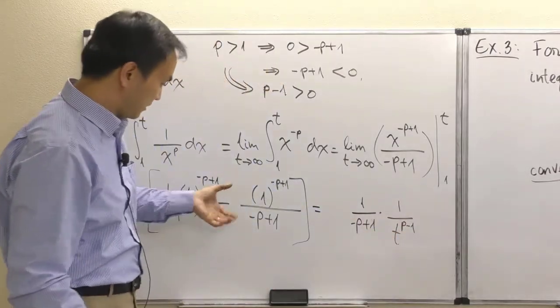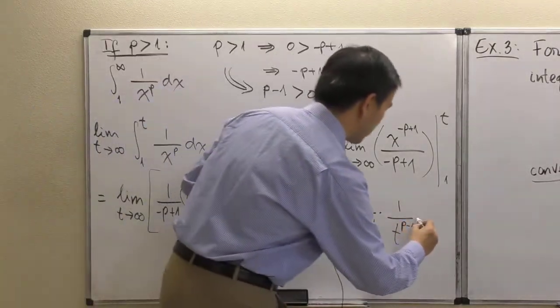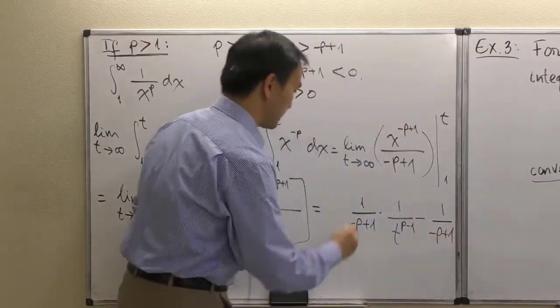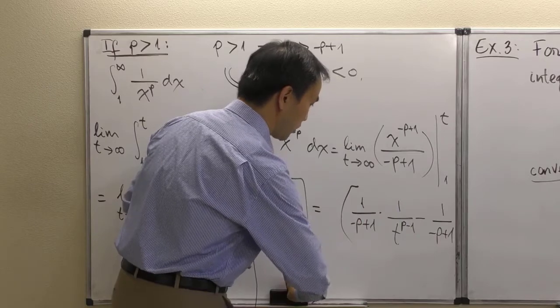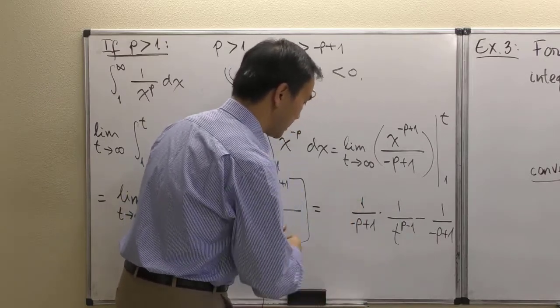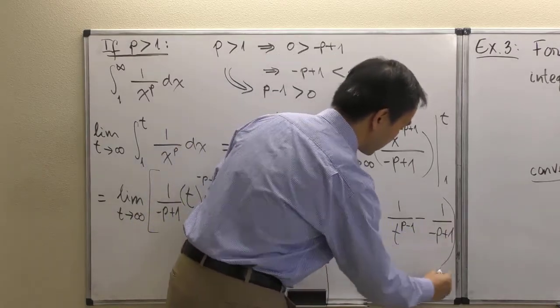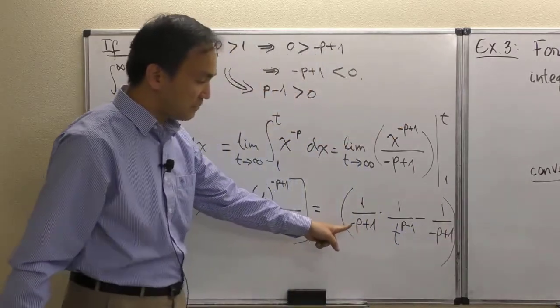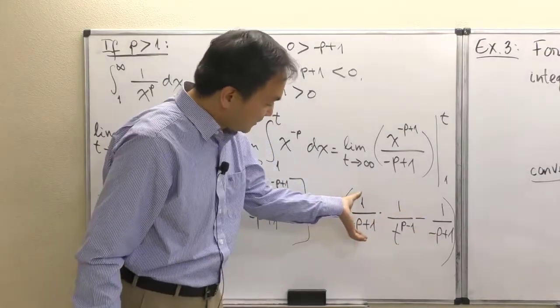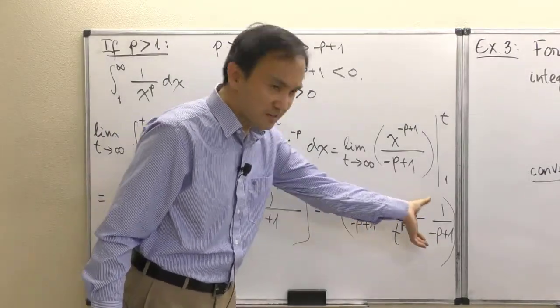And then I'm going to subtract 1 over minus p plus 1 as the next term. Surprisingly, this part is not dependent on the variable t. All of the minus p plus 1 and other things that involve p here, this is a constant coefficient, and this is a constant term.